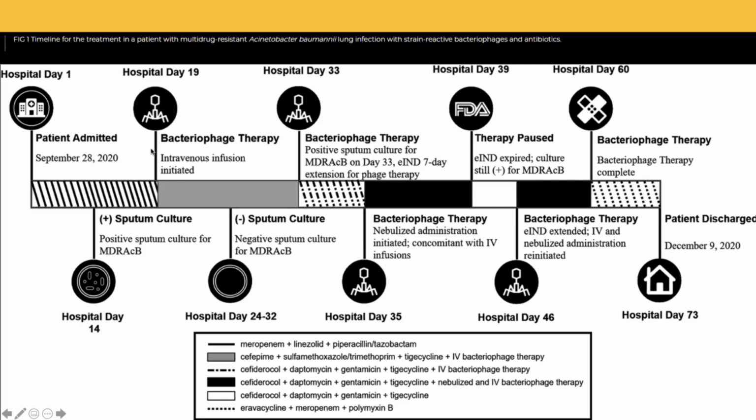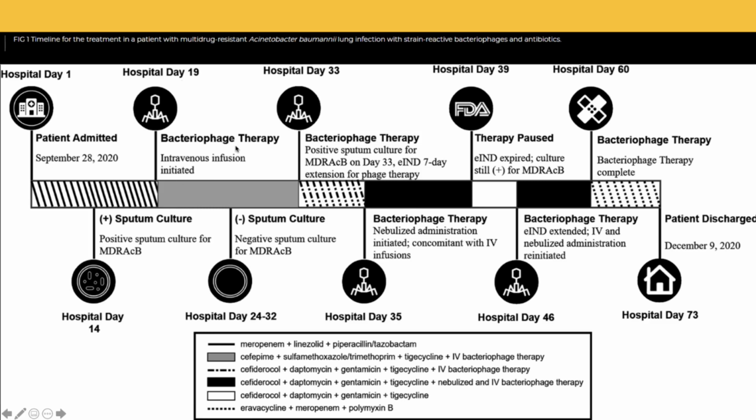But the patient was admitted in 2020 with respiratory distress, fever, chills, leukocytosis, consolidation. Sputum culture grew a multi-drug resistant Acinetobacter baumannii by hospital day 14. At this point, he was being treated with a combination of cefiderocol, daptomycin, gentamicin, and tigecycline. So this guy was pretty sick.